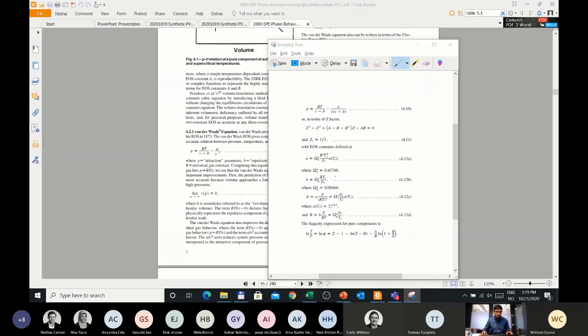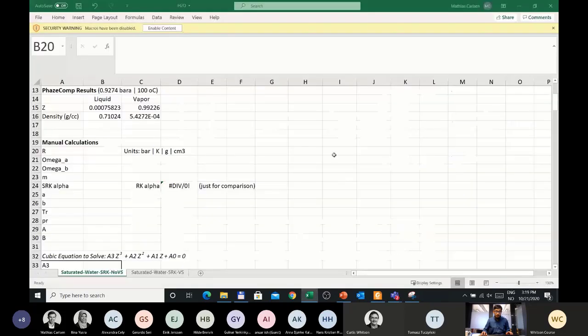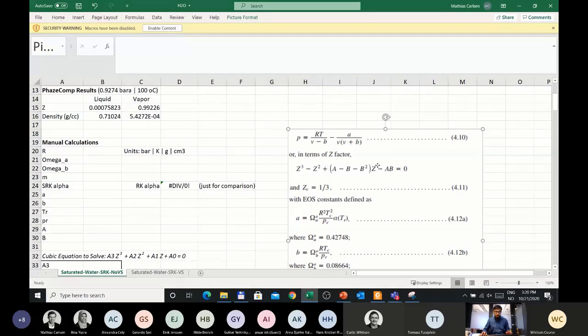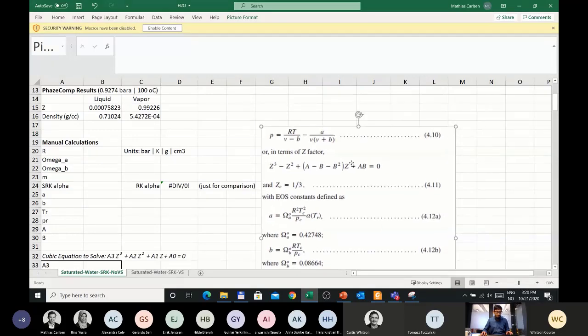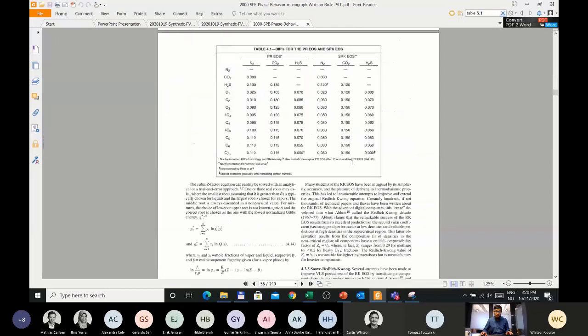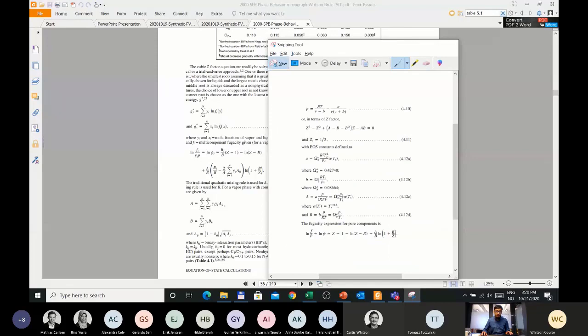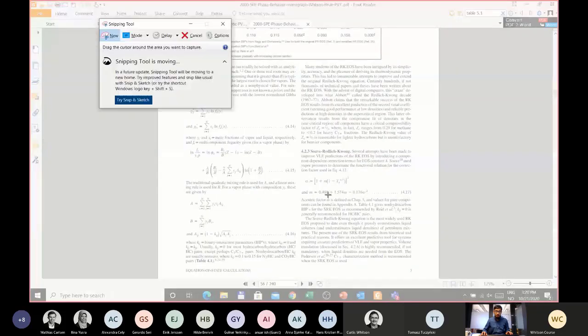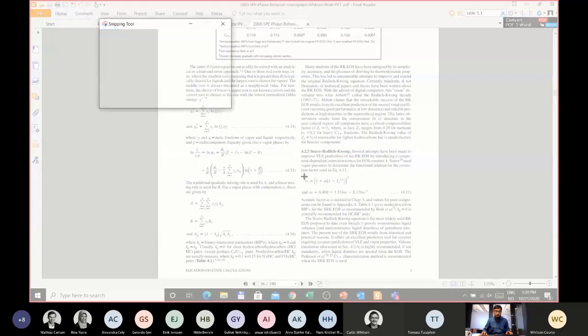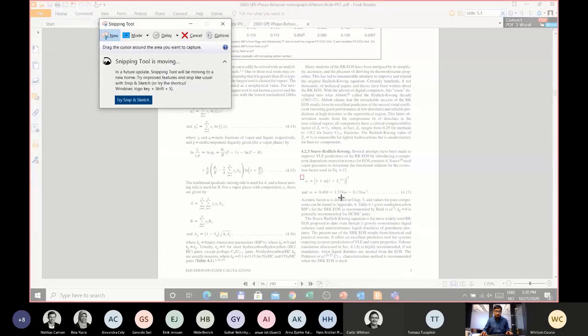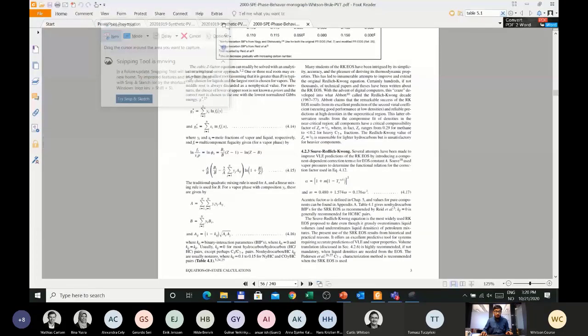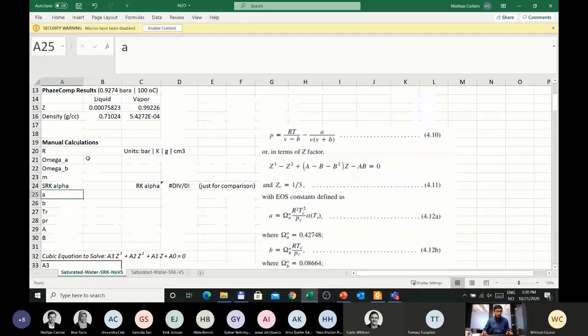Just copy this to the Excel file here, just to have it in front of me. And then we know that this is the correction term that we want to have in the SRK. Okay, just leave it. We will just use it from the PDF.